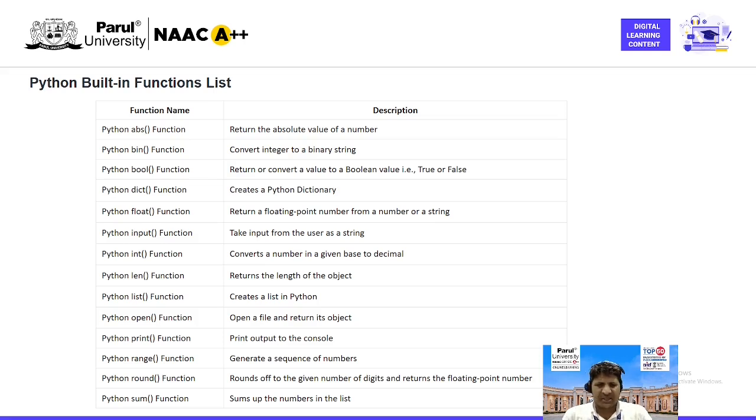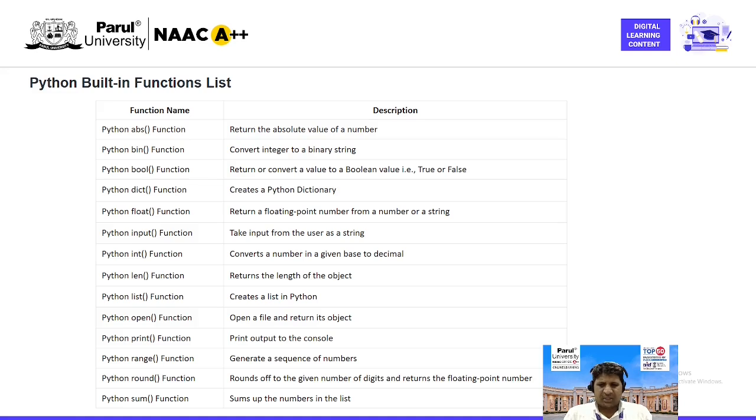Python range function generates a sequence of numbers. Suppose you want to print numbers from 1 to 10, then you can use the range function. If you remember, when we learned about for loop, the range function is used with the for loop.